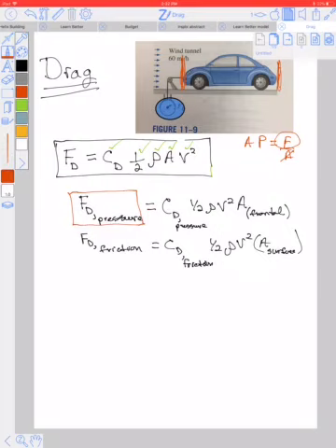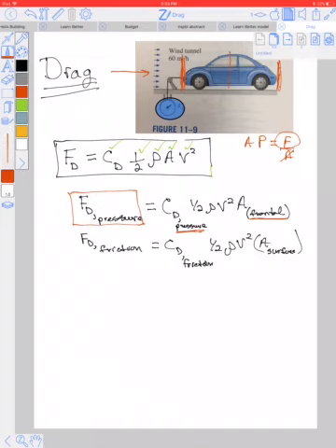Well, it turns out it's the same equation. There are a couple of little nuances. One is that the drag coefficient is called the pressure drag coefficient. And the other is that the area for pressure drag is the cross-sectional area. It's like, what area would I see if I were standing at the front of the vehicle and looking at it?